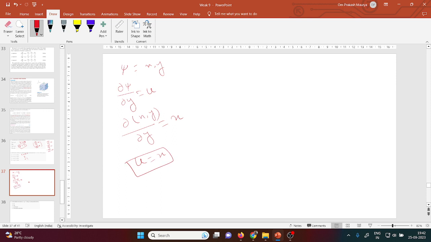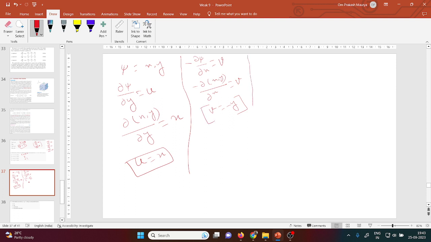Now similarly for v. But here is the minus thing. So if you calculate, this is also v is equal to minus y.